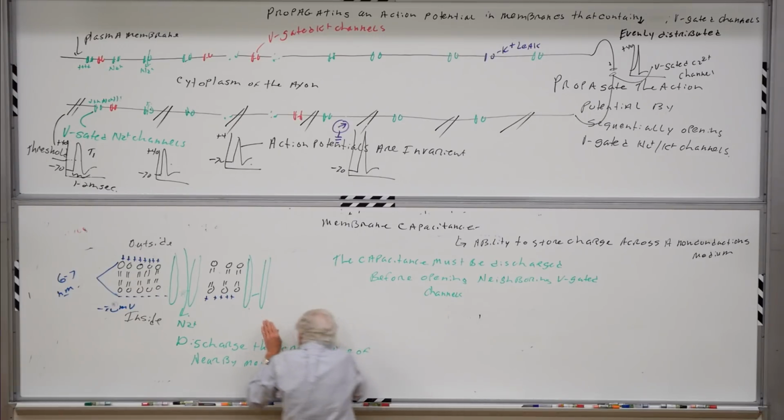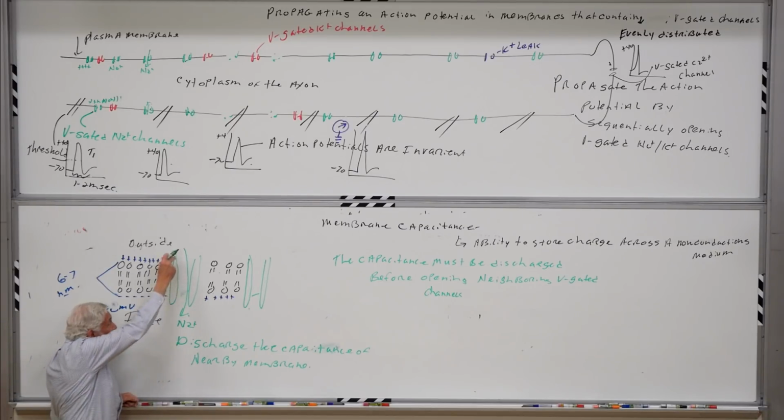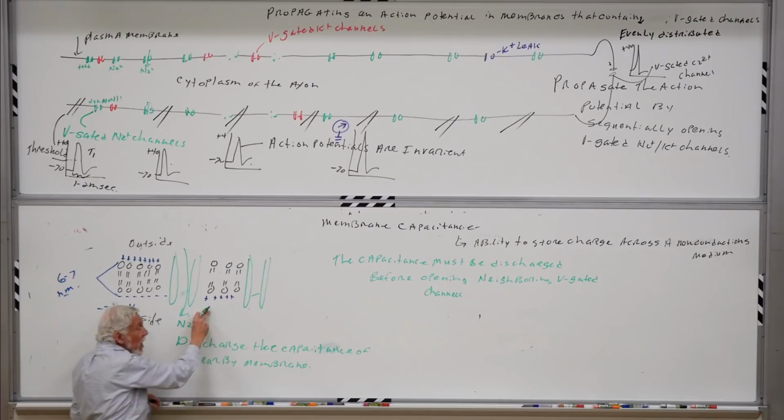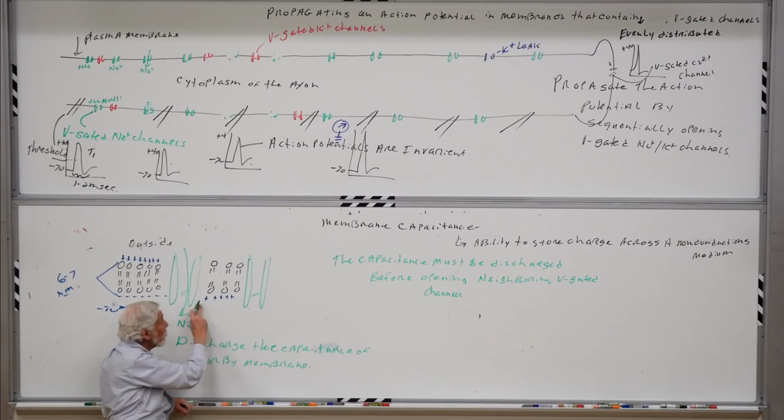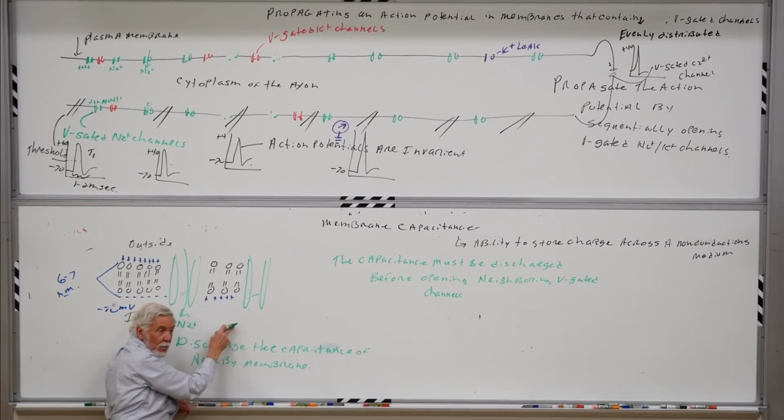Now again, remember voltage gate is just a fancy term for charge sensitive. So if a lot of the charge coming through these channels is now taken up effectively by the sponge of the capacitance, we just don't have much charge left over to activate the next channel.